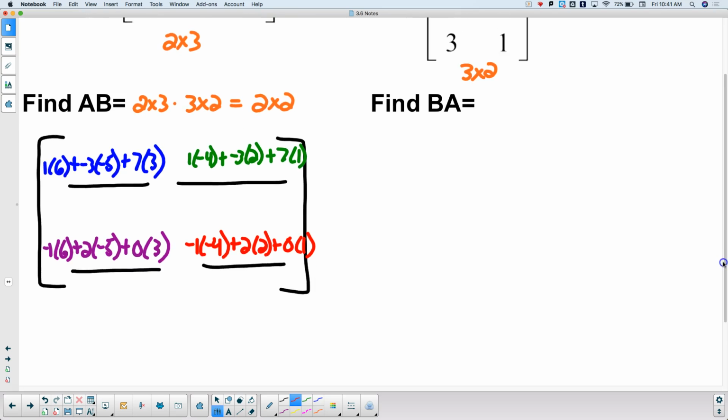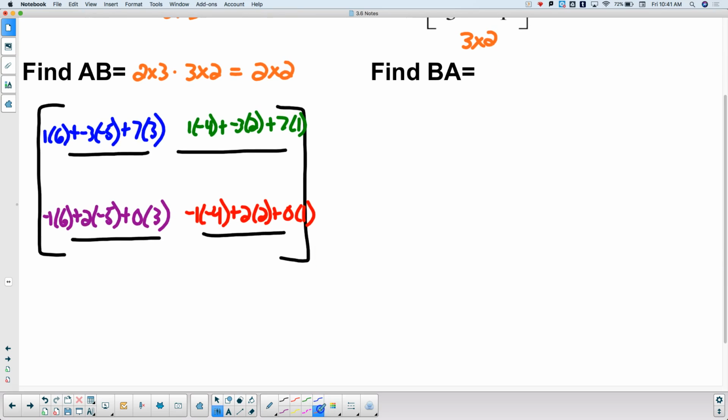Scrolling down here a little bit more. So that's 6 plus 15 plus 21. Negative 4 minus 6 plus 7. Negative 6 minus 10 plus 0. 4 plus 4 plus 0.